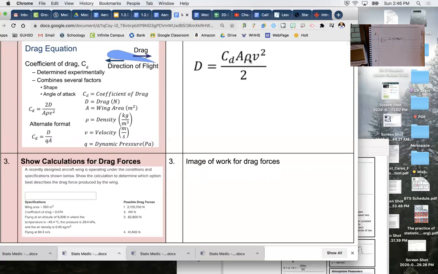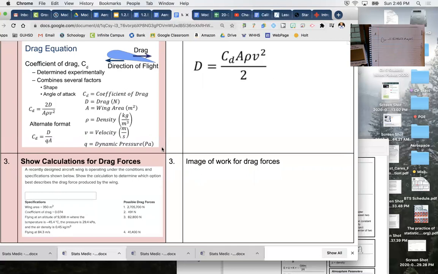Remember, this is the funny looking P. It is actually for density. So I'm looking down here to see if there's anything about density. I see pressure, and then right here, the air density is 0.45 kilograms per meter cubed, I'm sorry, density is cubed.